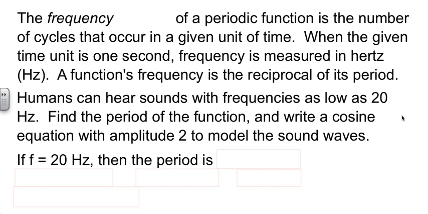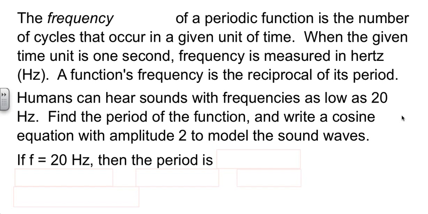So let's look at an example here where we write our own function. As humans, we can hear sounds down to a level of 20 hertz. If the frequency is 20 hertz or more, up to 20,000 I think is the upper end, then we can hear the sound.